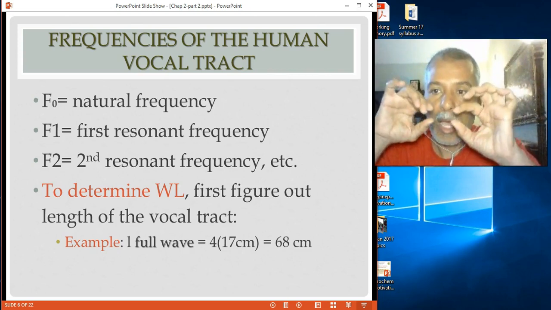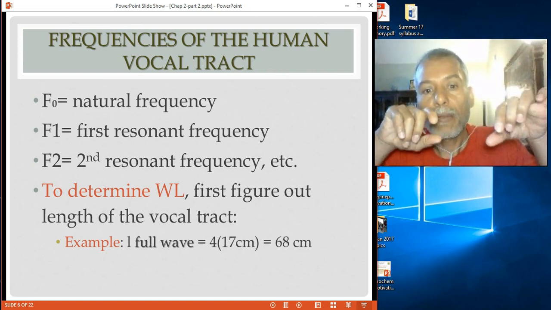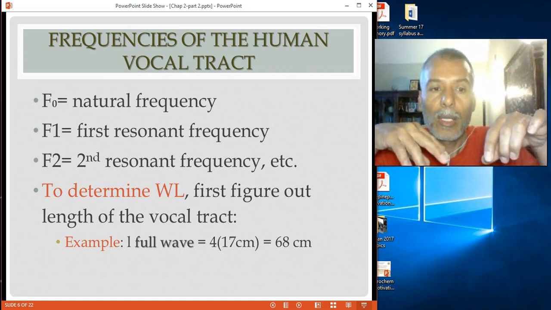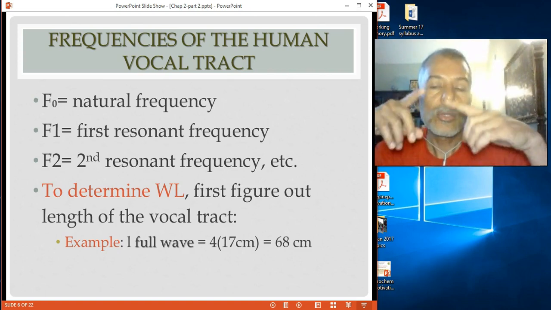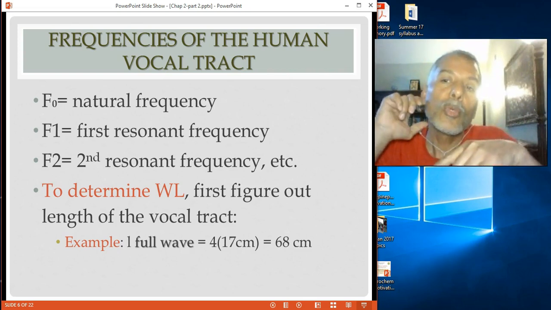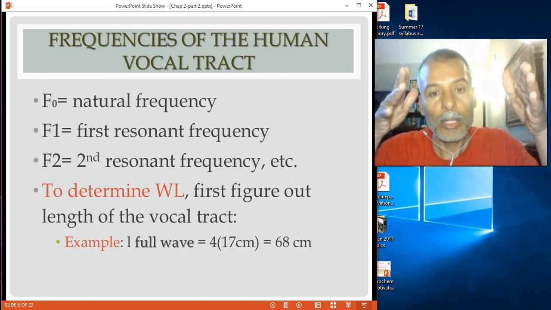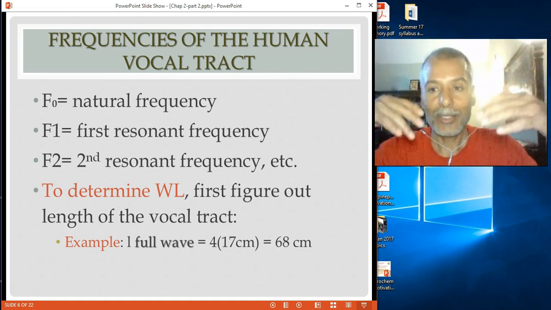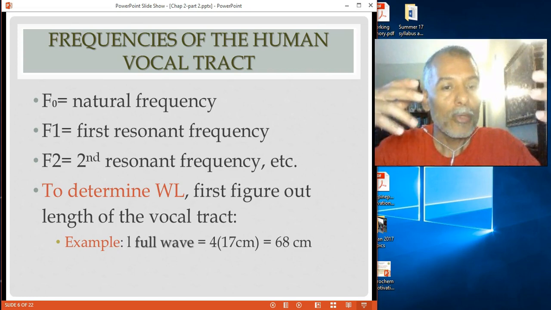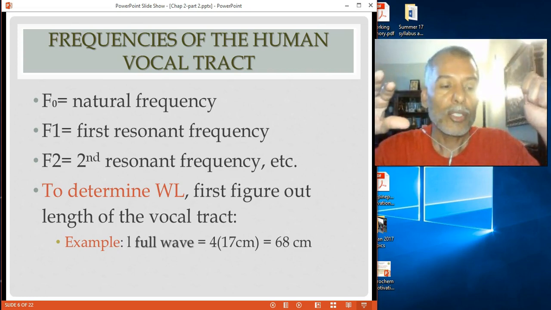The second time, half of it will create waves that are twice as high, but less loud. It continues to raise frequency and decrease loudness until it gets close to the 500, within the range of the bandwidth, and then the vocal tract starts to pick up and amplify the sound.